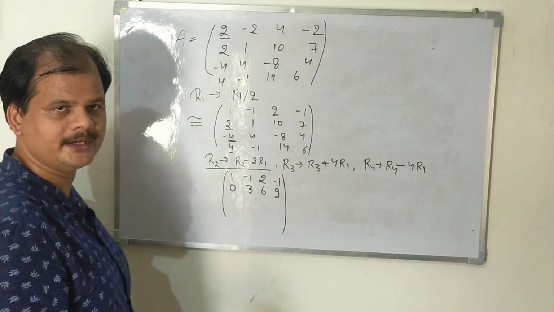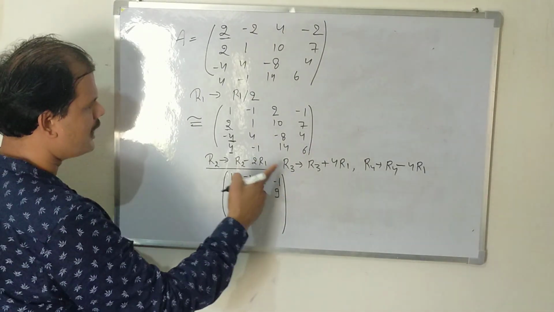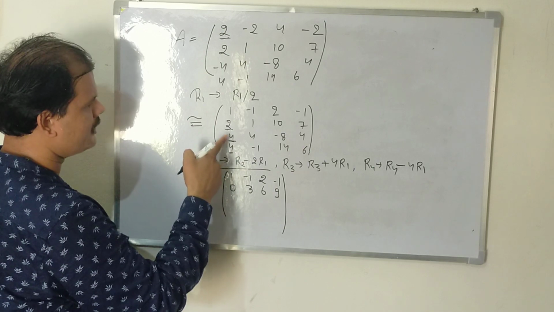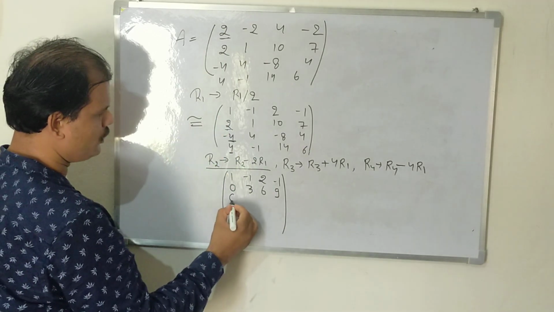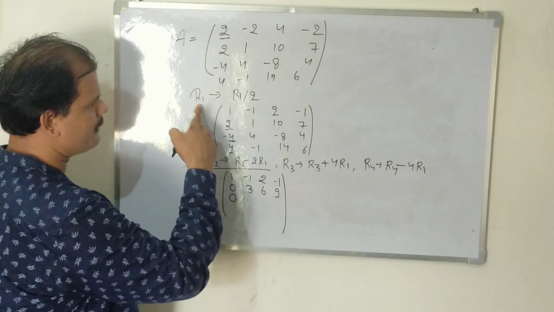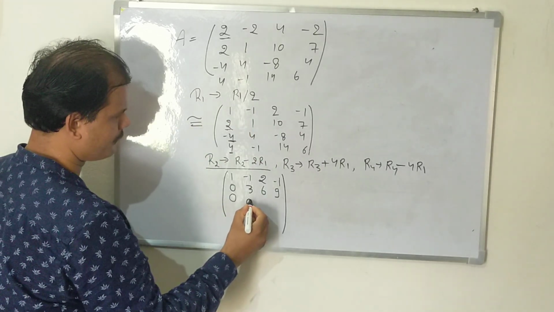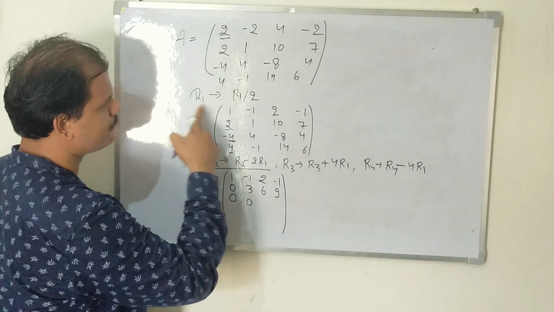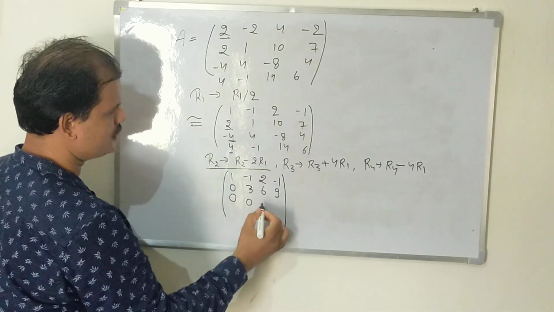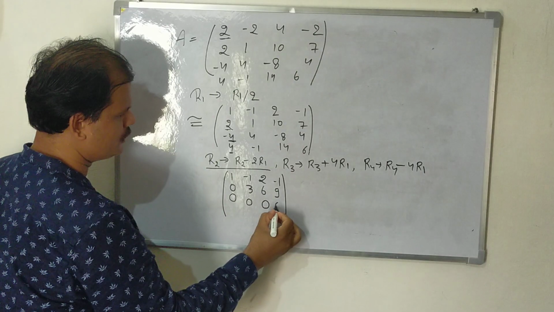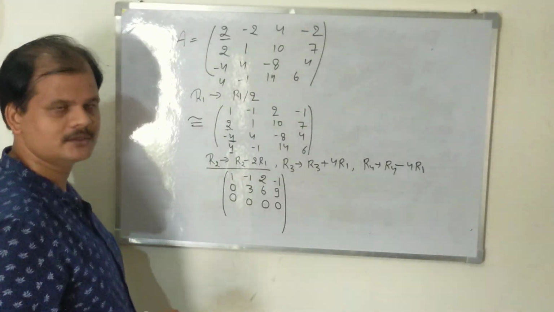So this is your modified R2. Now R3 is replaced by R3 plus 4R1. So this is 0, and we multiplied by 4, so 4 minus 4, 0. And again here we have this 4, so 8, 0, 0. So the third row is 0.